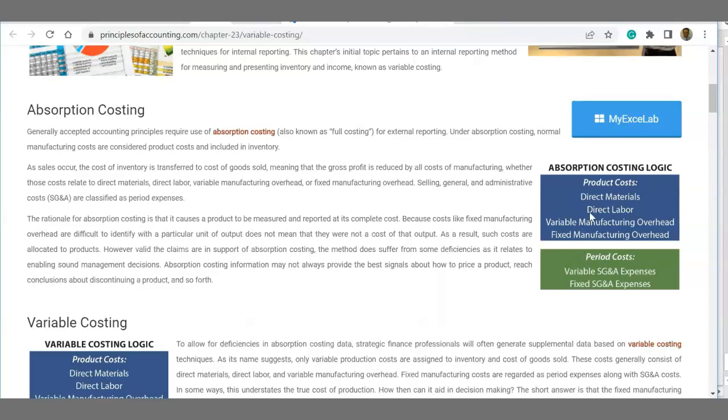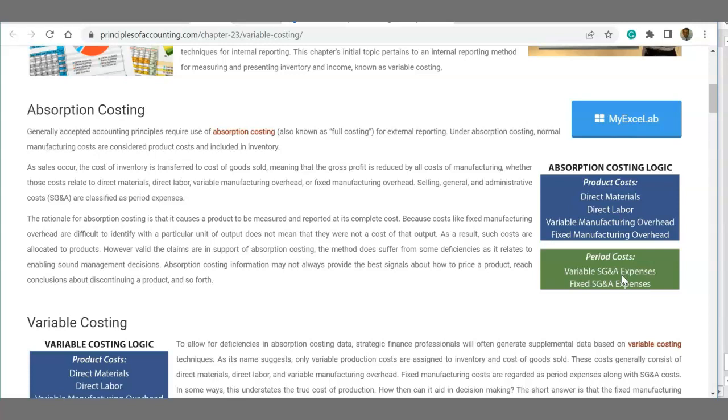So the cost of goods sold, if it's sold, will include direct material, direct labor, variable overhead, and fixed overhead. In the period cost, we have two types of expenses: selling expenses and general administrative expenses.